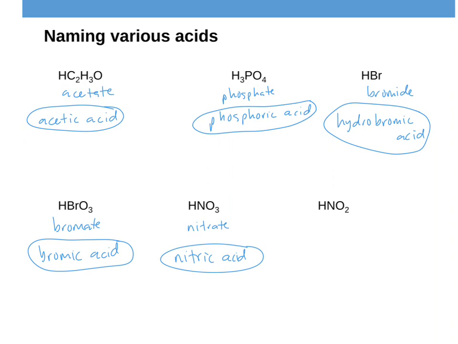And now this is nitrite, right? I wanted to put these side by side, nitrate, nitrite. So now this is nitrous acid. So we have nitrous acid, right? Nitric acid, nitrous acid, the difference of one oxygen, right? With these oxo acids. Anyways, that's how you name acids.